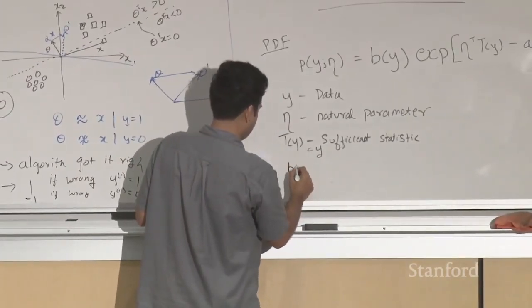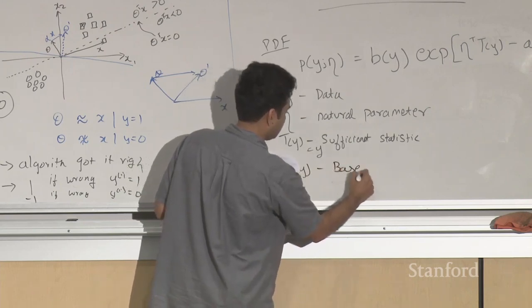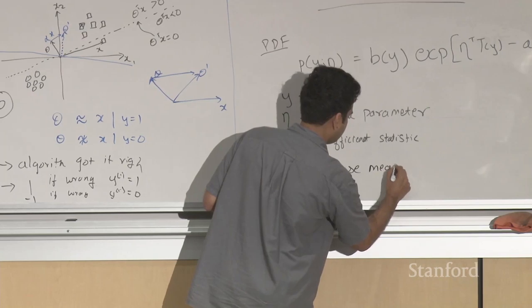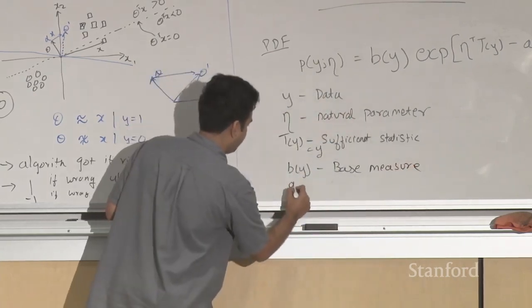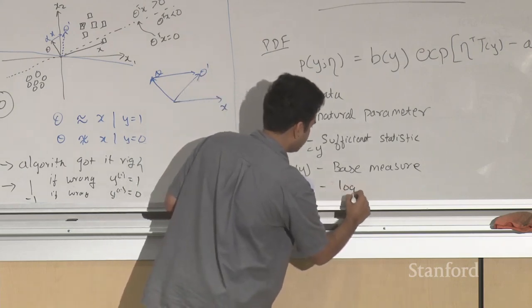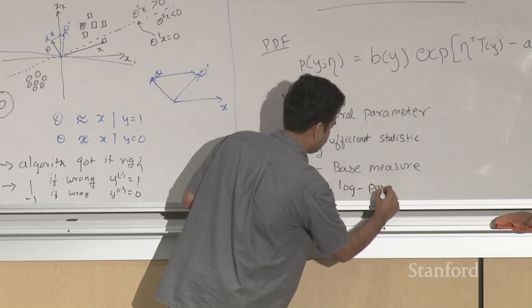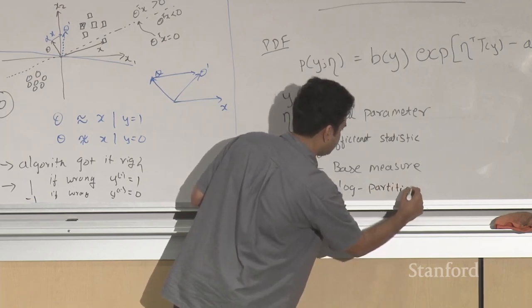B of Y is called a base measure. And finally, A of eta is called the log partition function. We're going to be seeing a lot of this function.